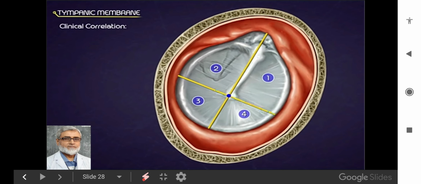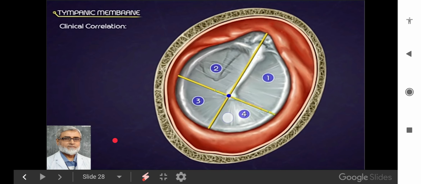One very important reason to divide the tympanic membrane is to find the safest area for incision, or myringotomy. Any incision given over the tympanic membrane is known as myringotomy.